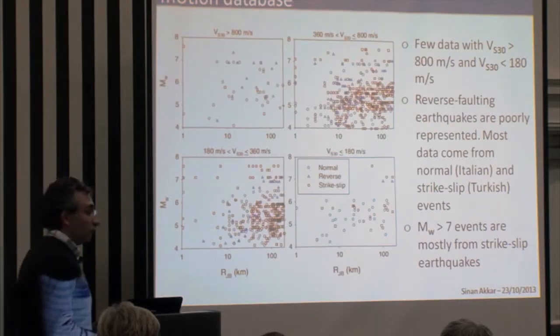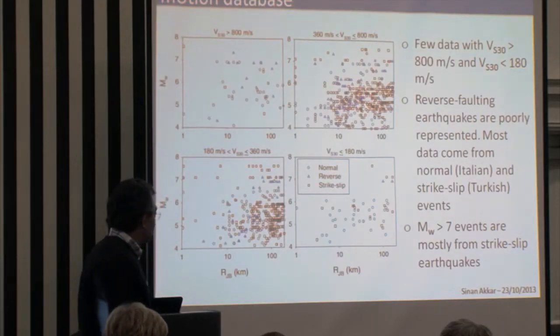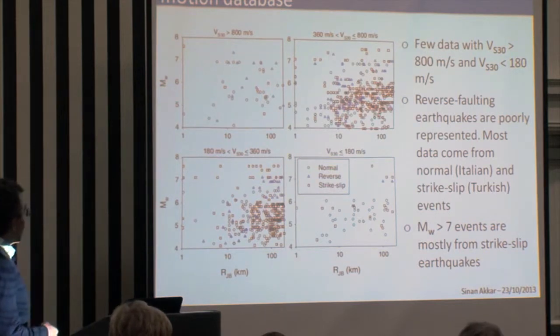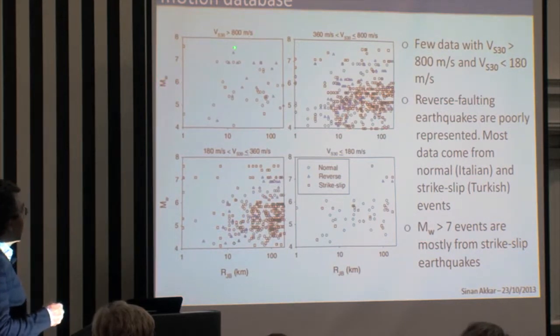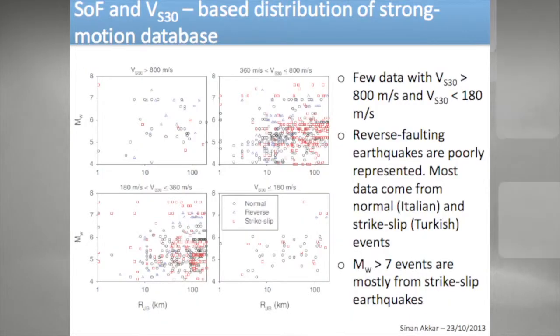This is another way of representing the strong motion database. This time I'm just showing the distribution again in terms of magnitude and distance for different VS30 bins. So this is, I would say, rock, stiff, soft soil, and then this is very soft soil. So the database lacks a significant amount of data for rock and very soft soil.